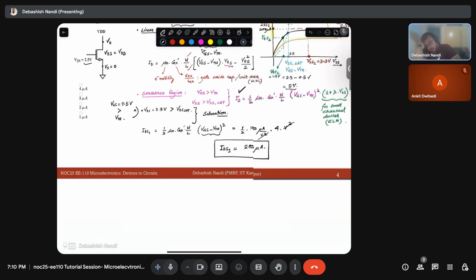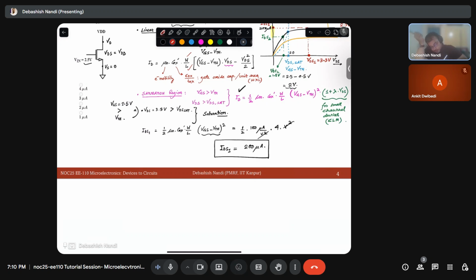Now if you drop the voltage, case 2 is VDS equal to 1.8 volt. That is less than your 2 volt, which you call VOV or VDS sat or VGS minus VTH.